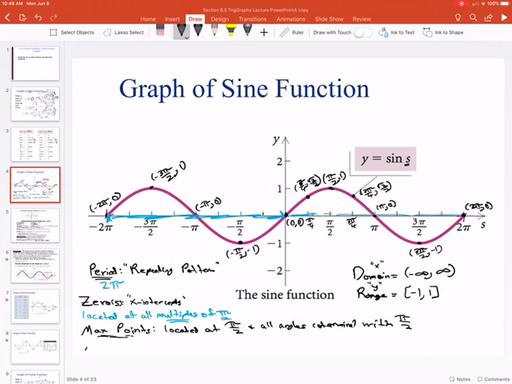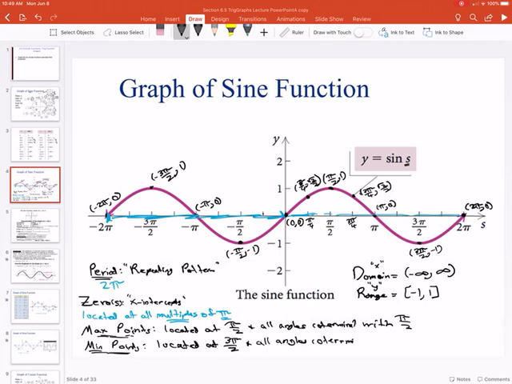Now your min points. You can see these relative mins where our graph changes from decreasing to increasing. They're located at 3pi/2, and all coterminal angles.